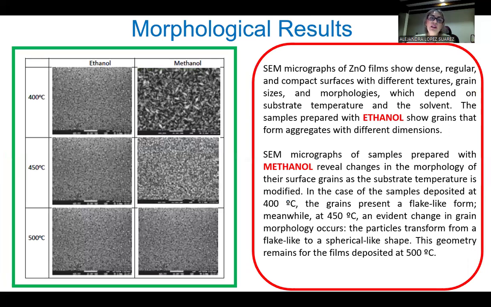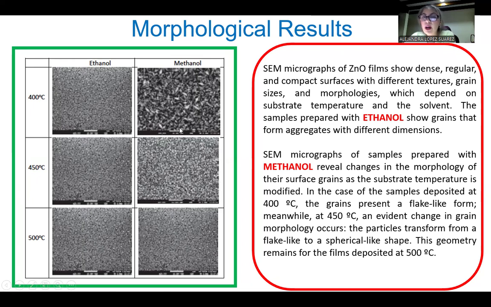The morphological results show that for the ethanol samples, we have rounded grains, but for the methanol samples, for the lowest temperature, we have some kind of plate-like forms that then transform to a spherical-like shape, and they remain spherical for the greatest temperature.